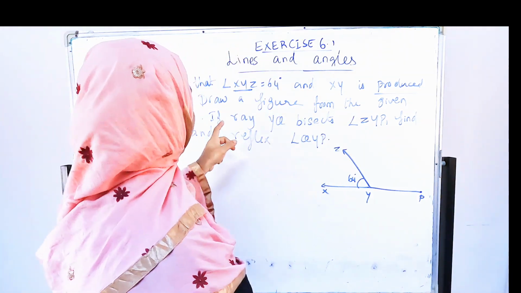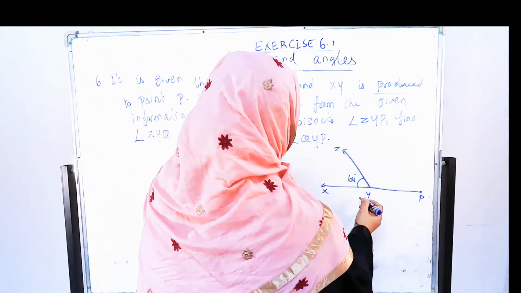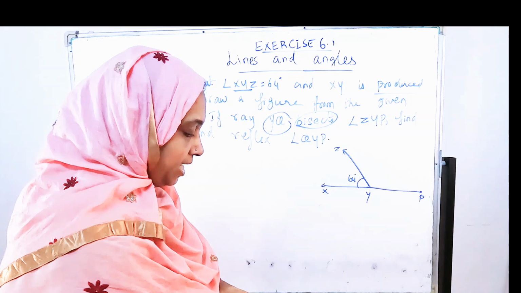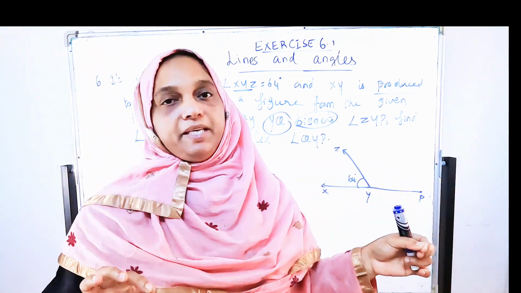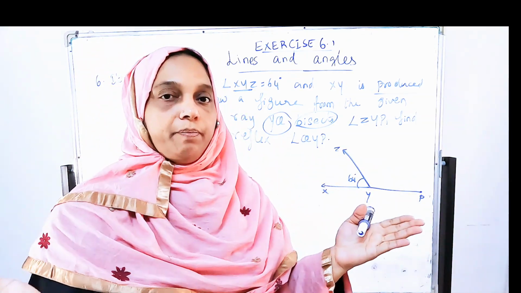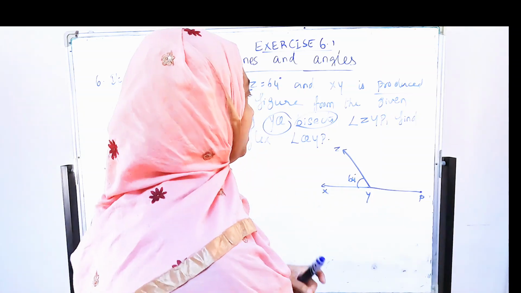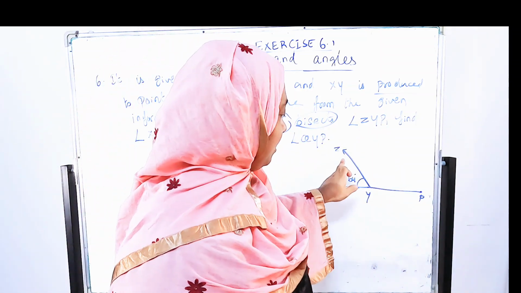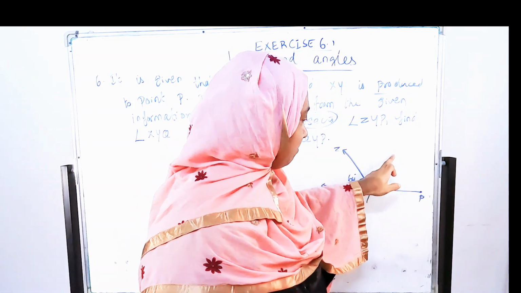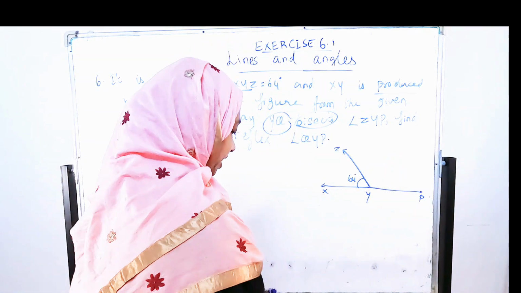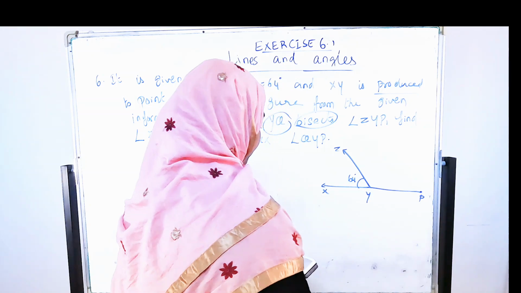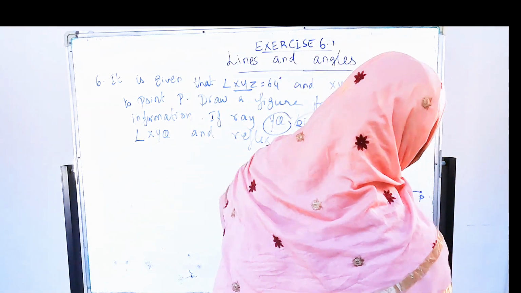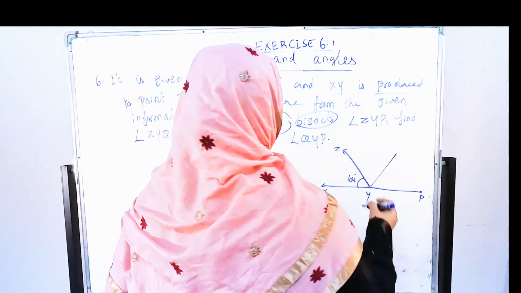If the ray YQ bisects, meaning makes two equal pieces, two halves, then YQ bisects angle ZYP. ZYP is bisected by YQ, so it should divide equally.